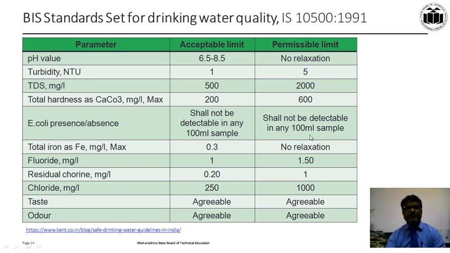So these are the standards given by IS 10500:1991. You can see other parameters also by downloading this IS 10500. It is available on Google, so you can download it and study other parameters also, but these are the important parameters.